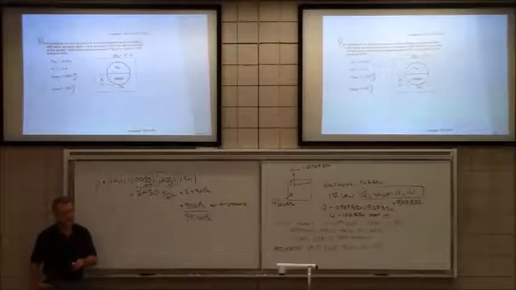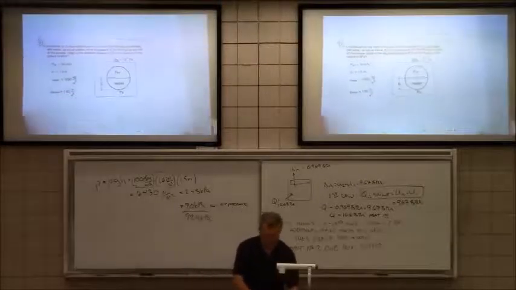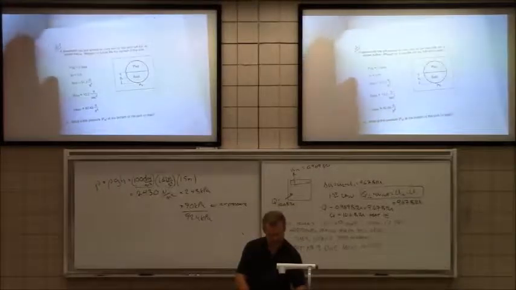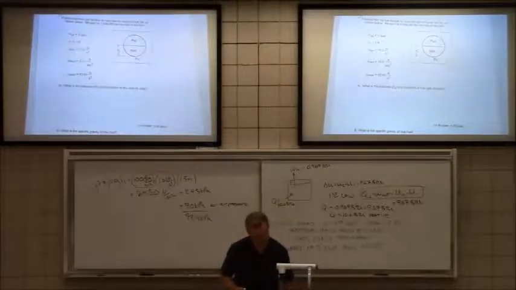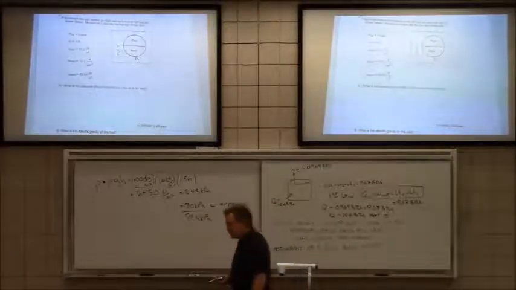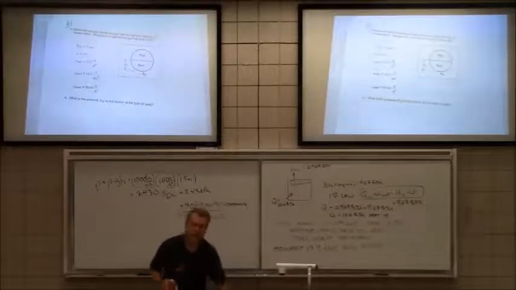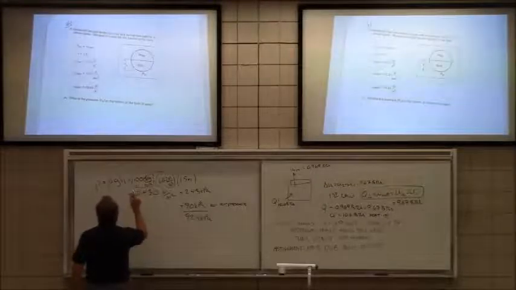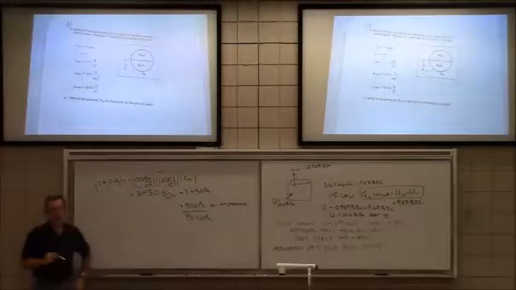Yes? How does this one differ from 6A? Let's take a look. It is pretty much identical, except we have to be careful because the density of our fuel is given in pounds.